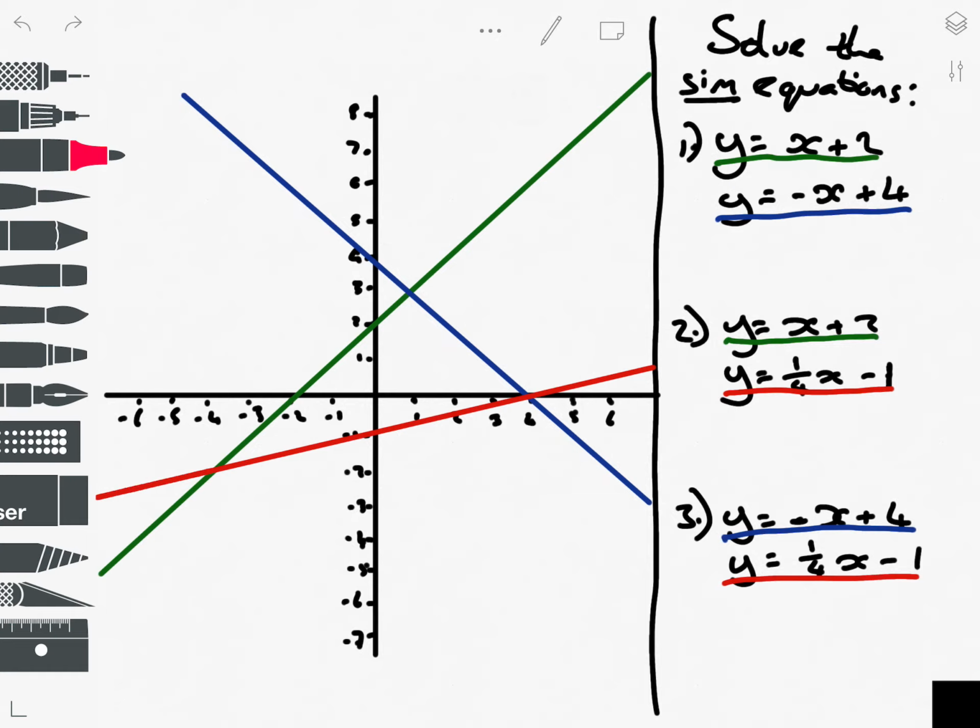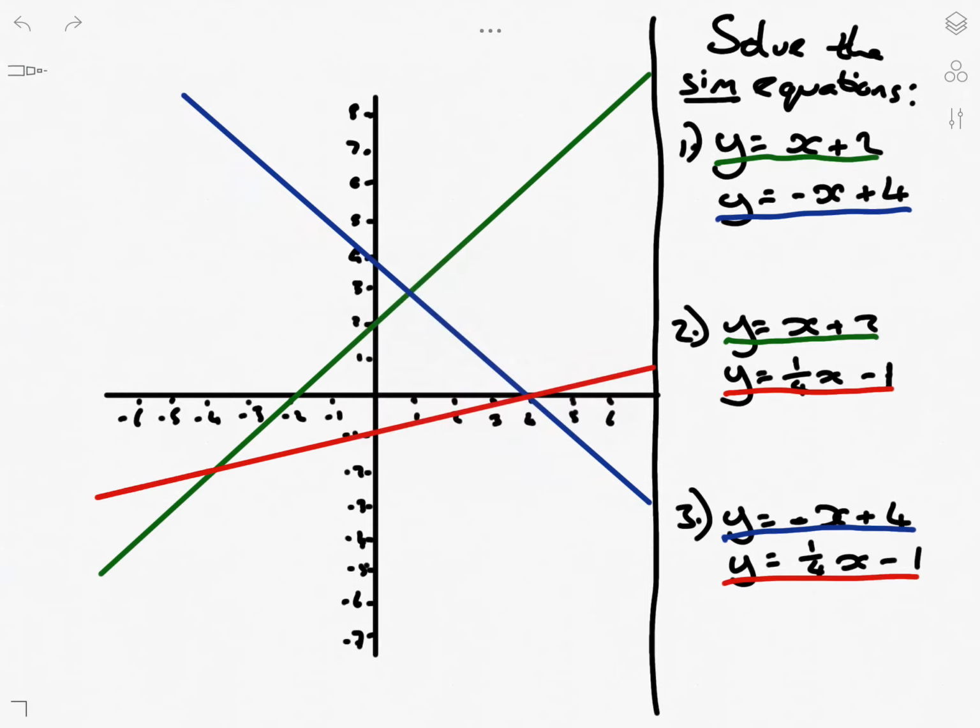These should be perpendicular because they have opposite gradients. That should be a right angle, which it is. So that's good. And then the gradient of red is 1/4. Yep, it's going up very, very slowly, very steadily. We can see it goes across 4 before it goes up by 1. So it's 1/4.